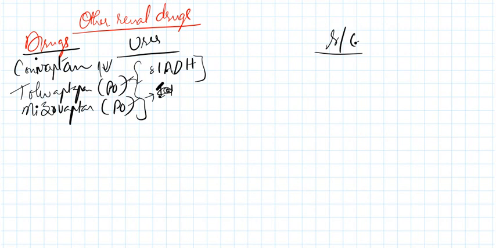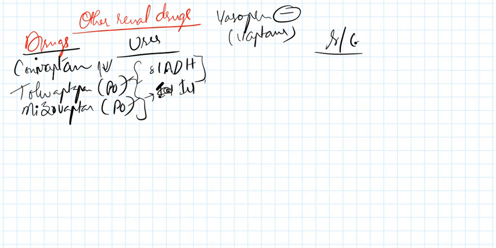These vaptans are generally termed vasopressin antagonists. All vaptans are vasopressin antagonists. So these vaptans are given IV for emergency management of SIADH or long-term management of SIADH.